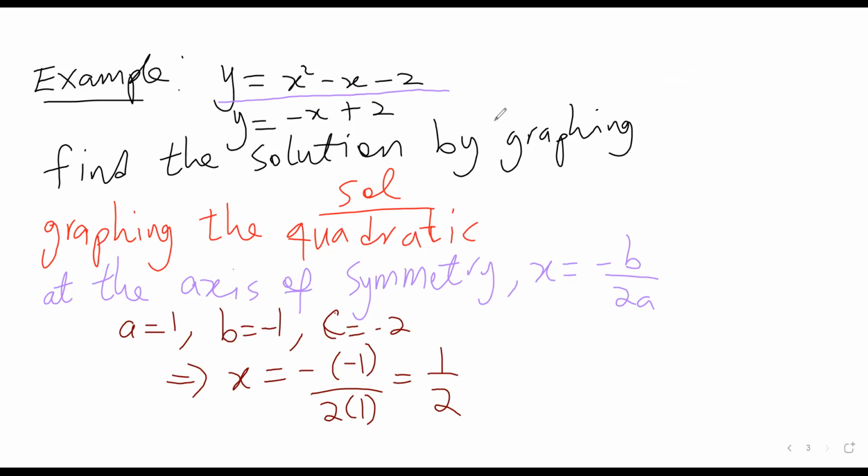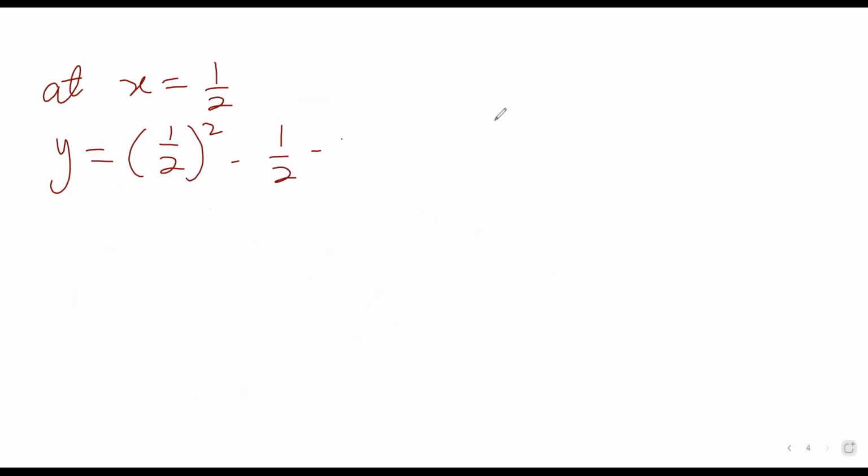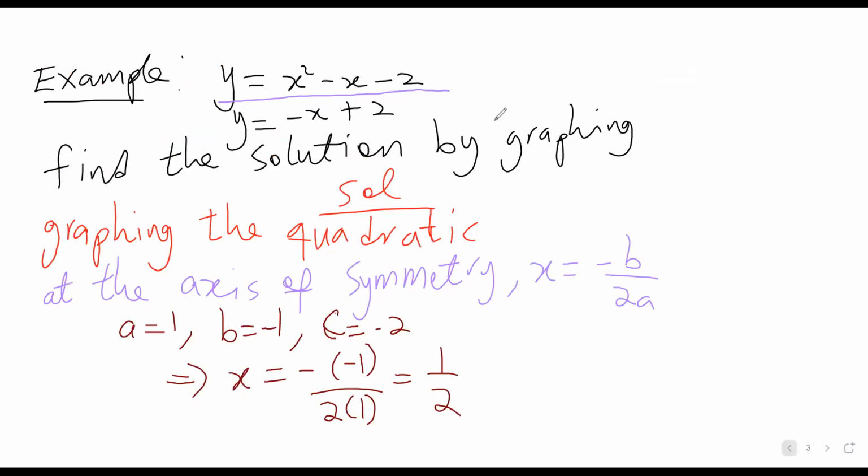So now we have the value of x at the vertex. So let's go find the value of y at the vertex. Okay? So the value of y at the vertex, at x equals 1 over 2. What is y? Then y becomes 1 over 2 squared minus 1 over 2 minus 2. Someone is saying, Mister, why are you getting all these numbers? Remember that the question is this.